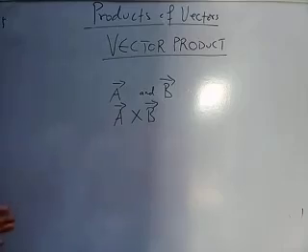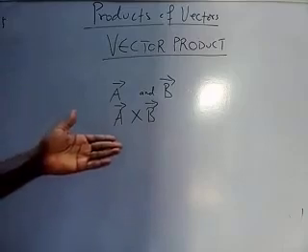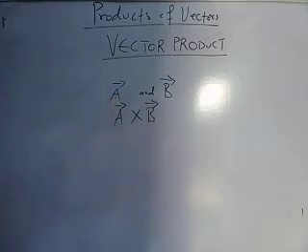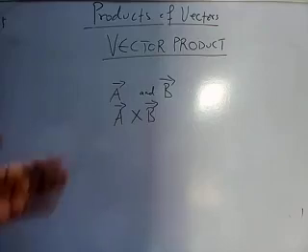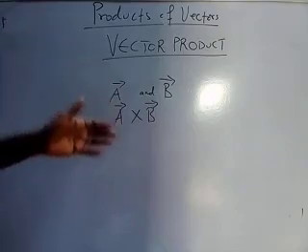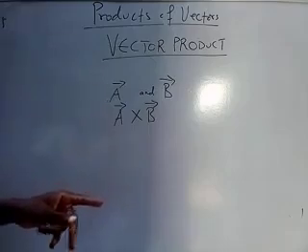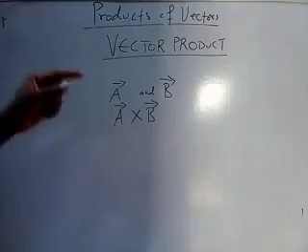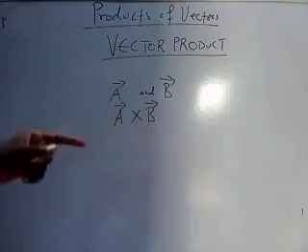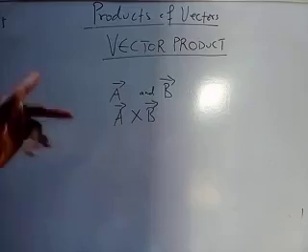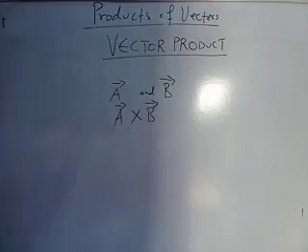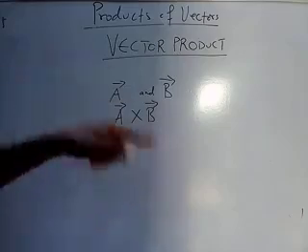That of scalar product is known as dot product, while vector product is known as cross product. And as the name suggests, the vector product is itself a vector. The scalar product of two vectors is a scalar. The vector product of two vectors is a vector.